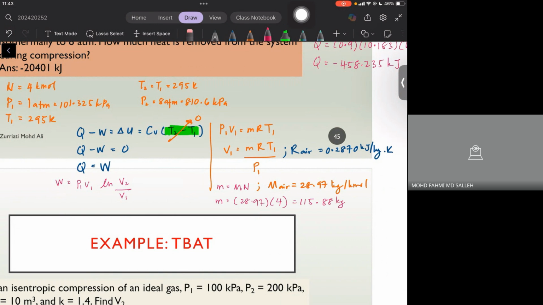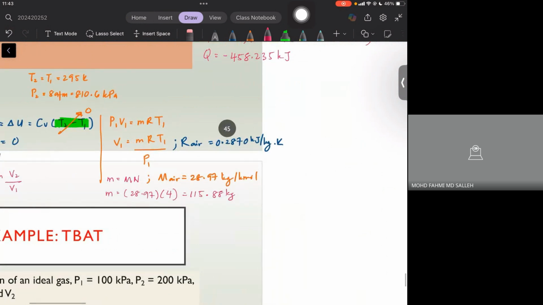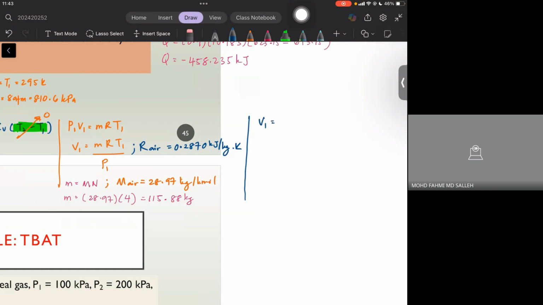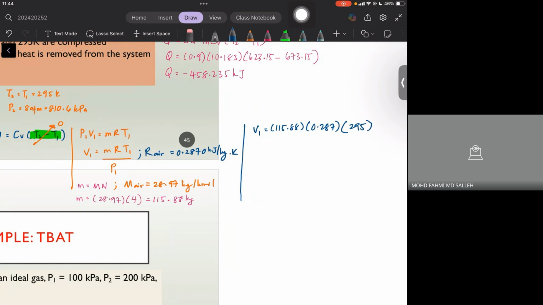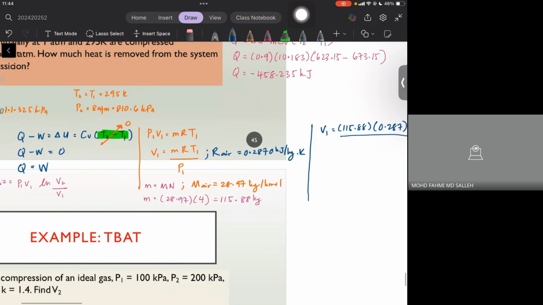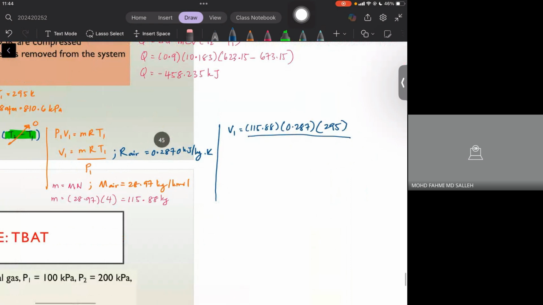Now we have all the data necessary to determine volume 1, which is equal to 96.8268 meter cube.